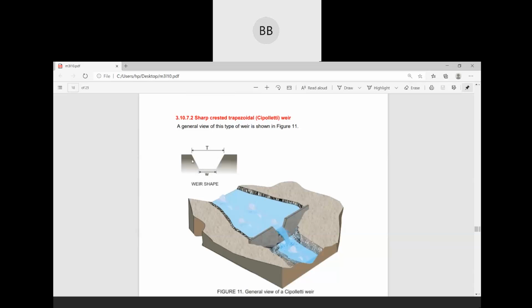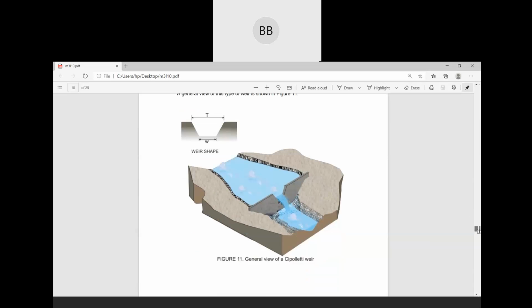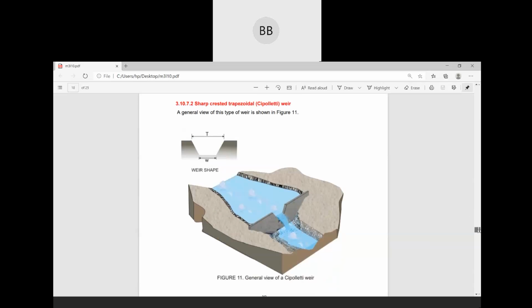You can see that the cross section of the weir or notch is trapezoidal in shape. You draw a diagram, same. Sharp crested weir only, but the shape is different. In the first case, your shape is rectangular, and this one is trapezoidal.